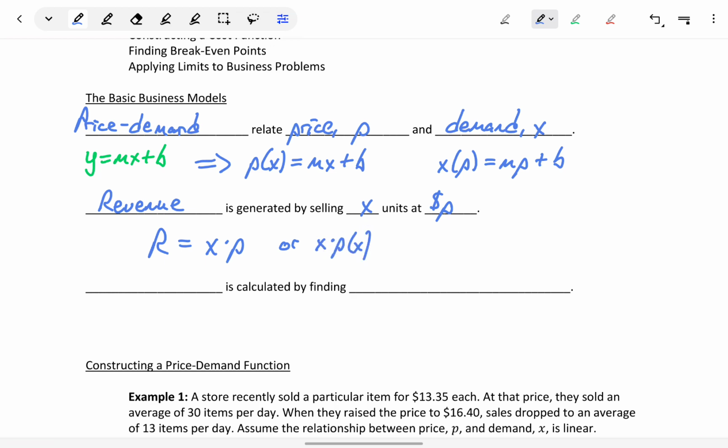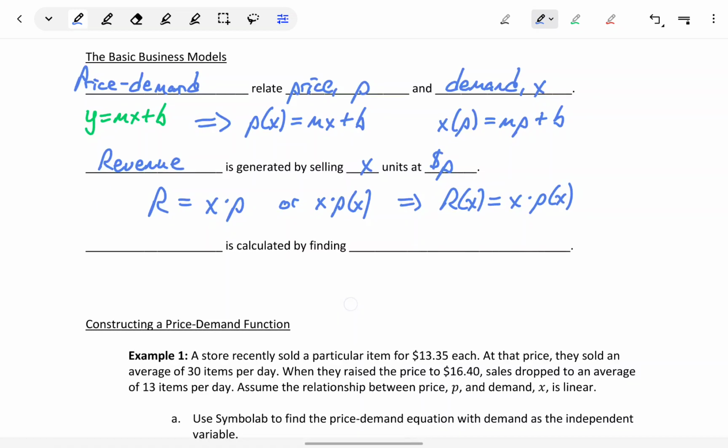So we'll be taking x times that price demand function, which gives us a revenue function, r of x, equal to x times lowercase p of x. And as we get into examples, we'll see how we can generate these more specifically.